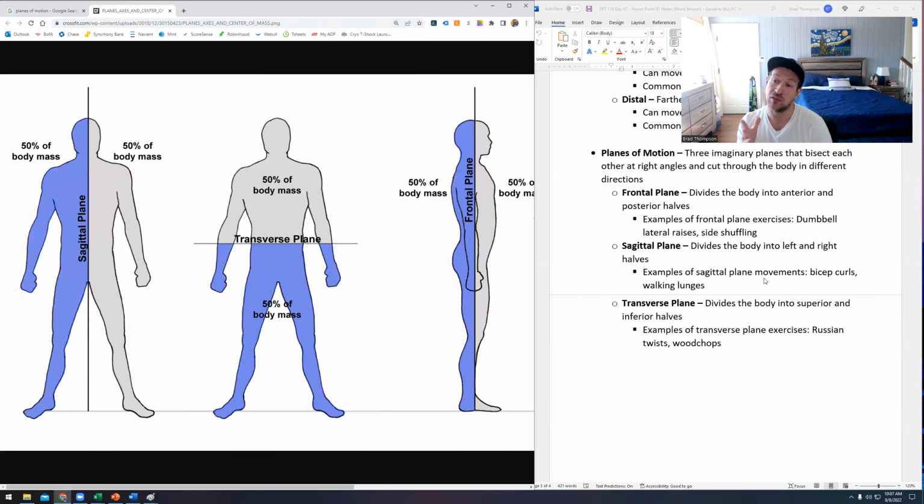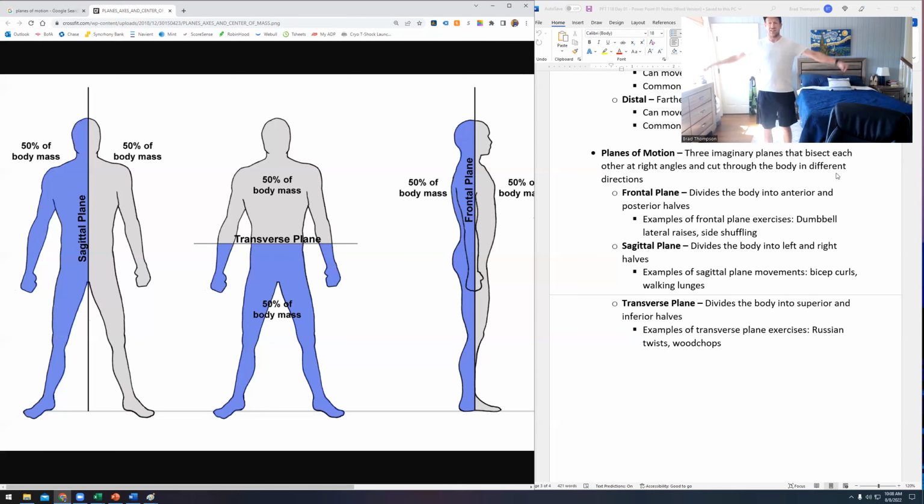So we generally move along these planes. The first one we'll look at is the frontal plane. You can see my front and you can see my back. If you were to slice me in half down the middle, anything where I move along that slice, anything like this that's very lateral, is a frontal plane movement.